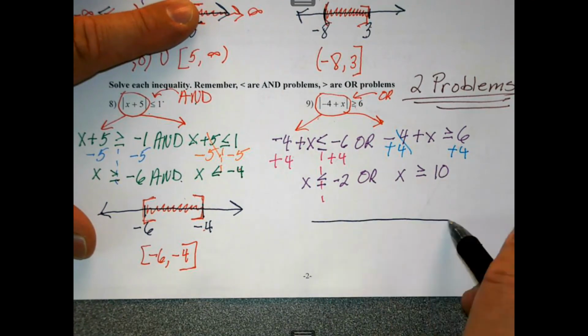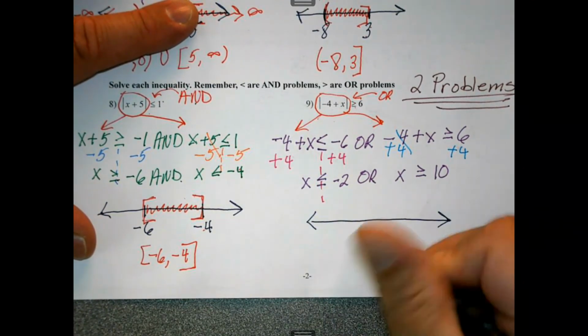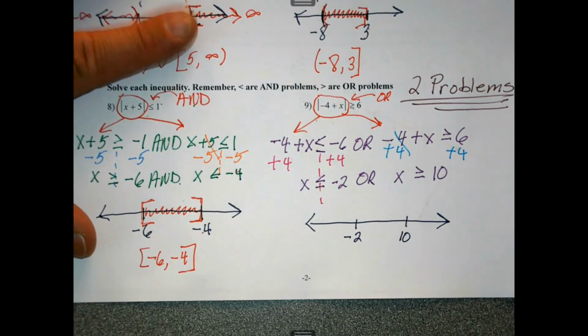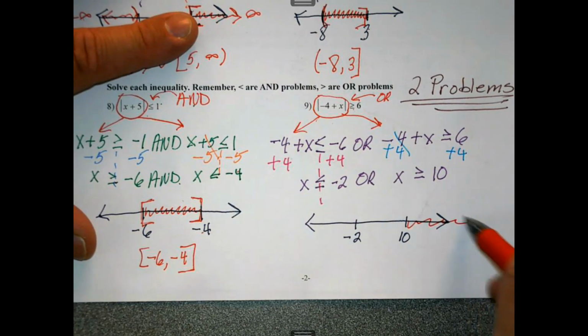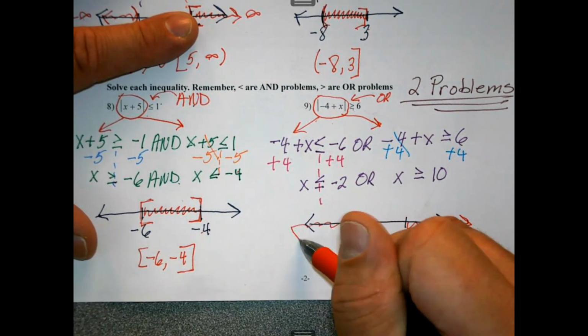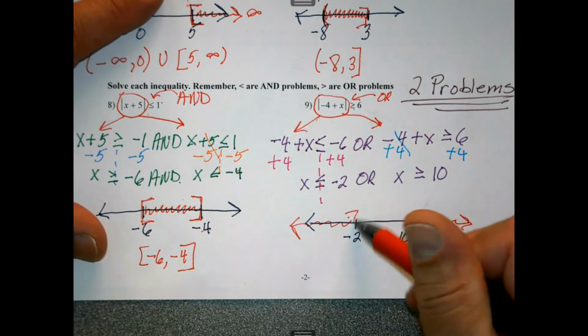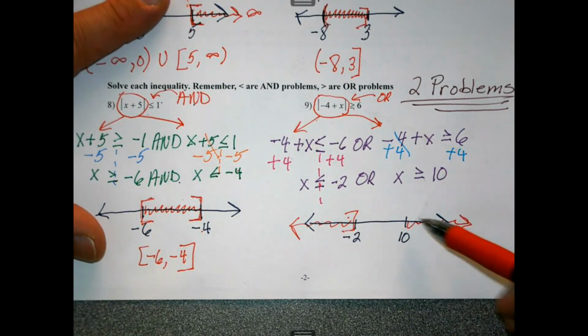Graph it. See, negative 2 is the smaller one, 10 is the bigger. It's an OR problem, so it's both ORs. See, bracket with the negative 2, bracket with the 10.